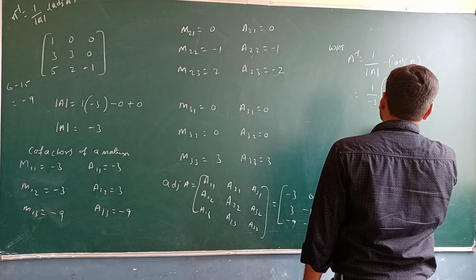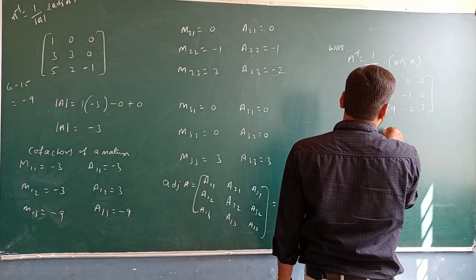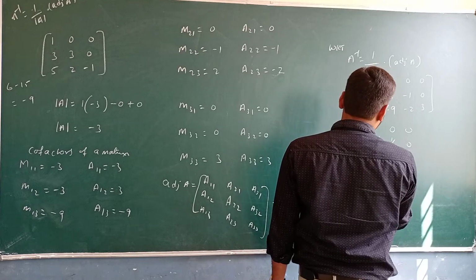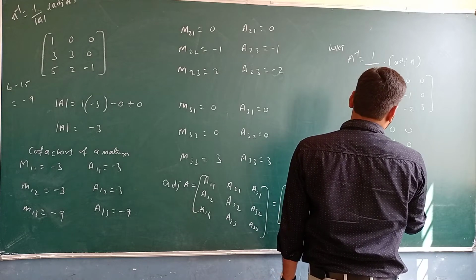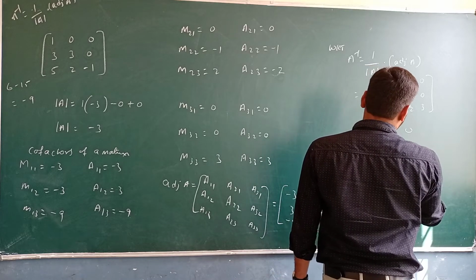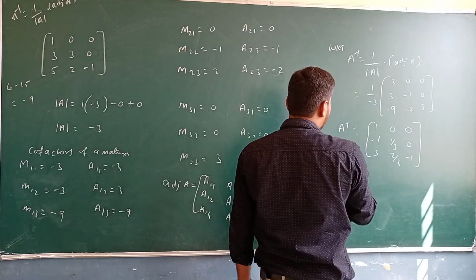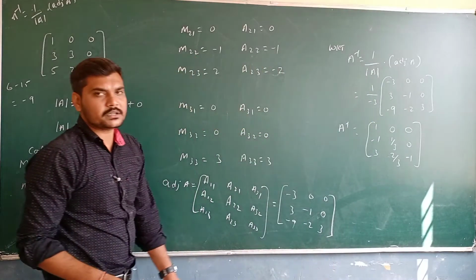We can multiply the things here. So we are getting 1, 0, 0, minus 1, 1 by 3, 0, 3, 2 by 3. So this is the obtained A inverse by using the cofactors as well as the determinant of A.